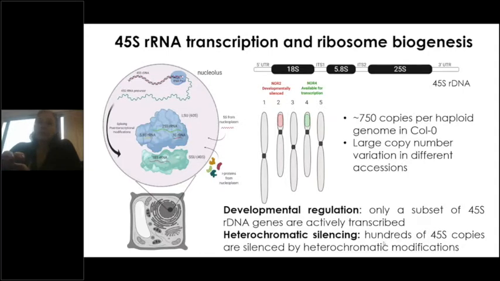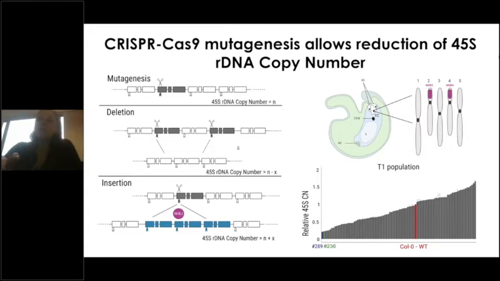So at the beginning of my research, we hypothesized that by using CRISPR-Cas, we would be able to modify the copy number of ribosomal genes. Specifically, we used a promoter that is specific and only active in the egg cell, inside the ovule, and we used a single guide RNA that is specific to the 18S region.